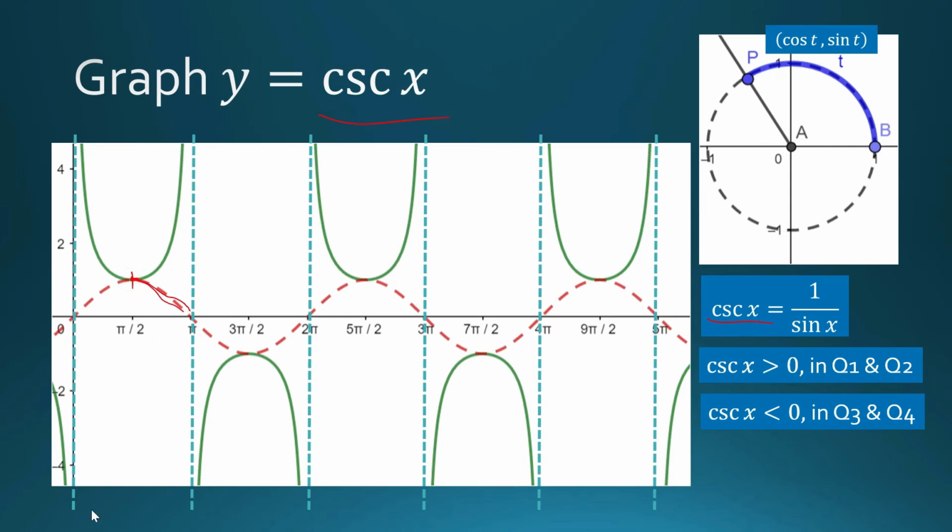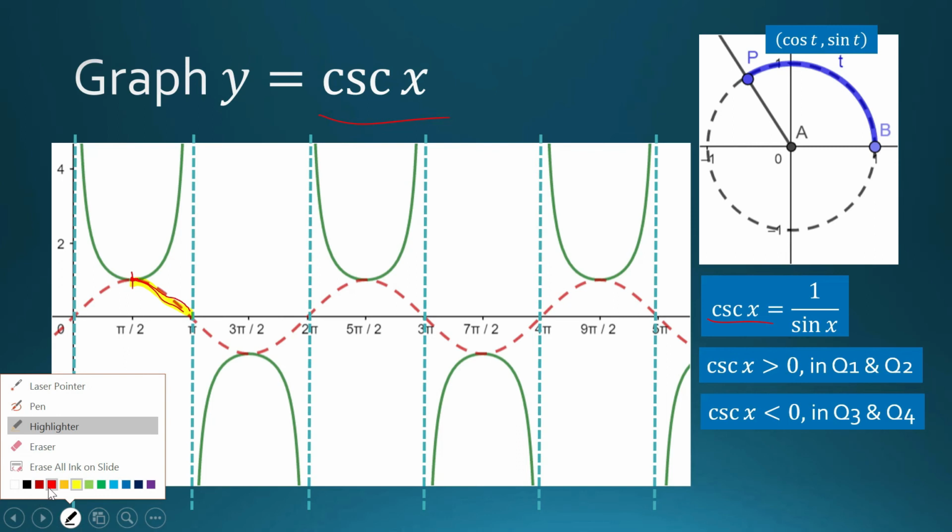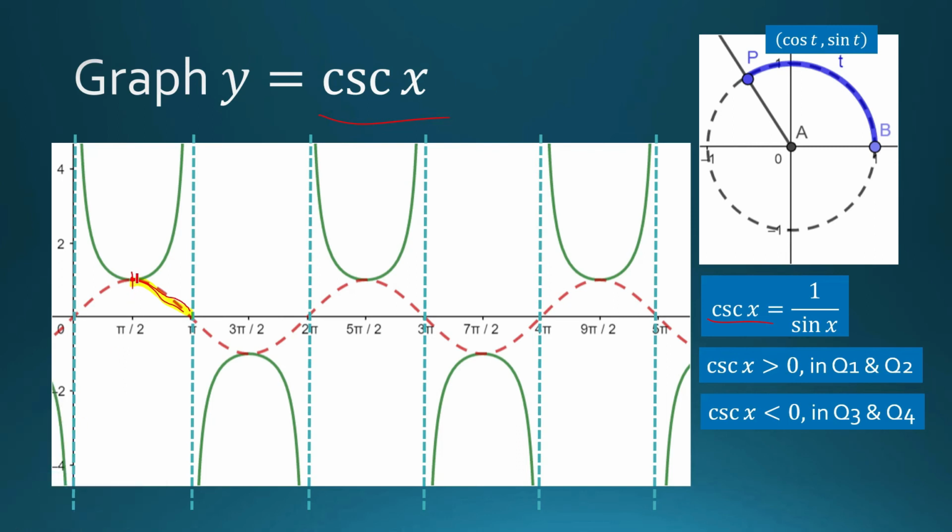And so you know what's going to happen with your cosecant function. Cosecant of x is the reciprocal of sine of x. So if this part is decreasing, this part is going to be increasing. And the same goes with this one. Going from pi over 2 to 0, your sine function is decreasing, and so the cosecant function is going to increase.